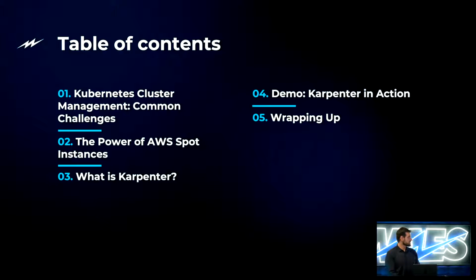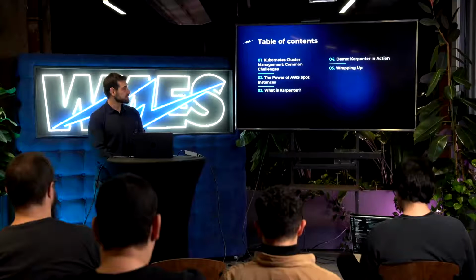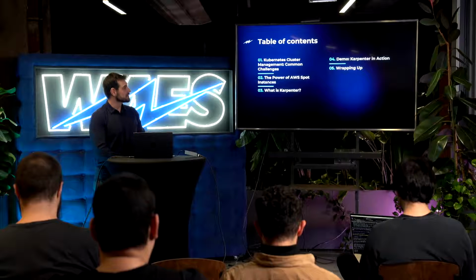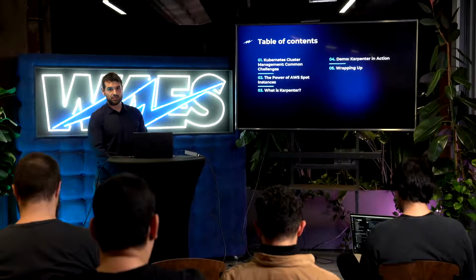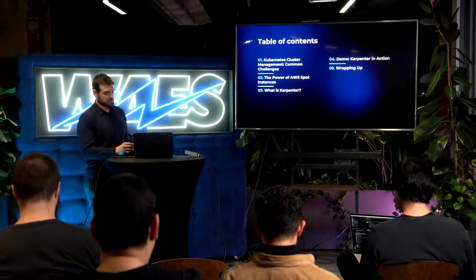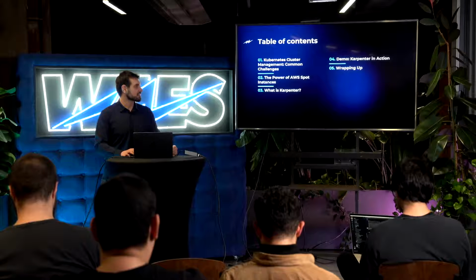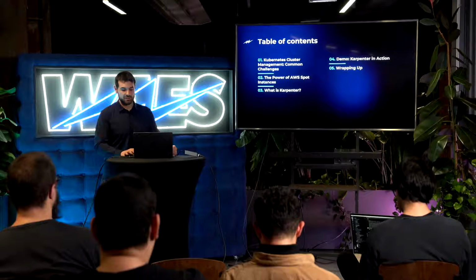Then I'm going to talk about Karpenter, what it is and how it can be used to leverage spot instances in Kubernetes, and how you can improve things or reduce costs. And then we're going to have a little demo. So I'm going to show in action what it does. Hopefully that's going to make things clearer.